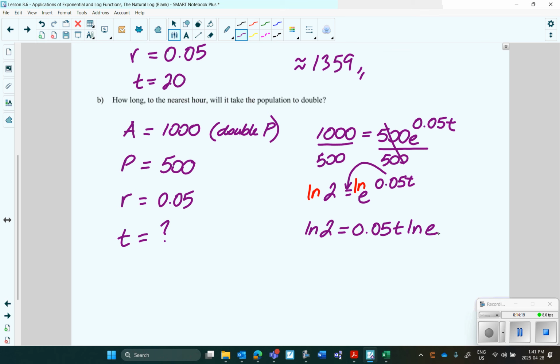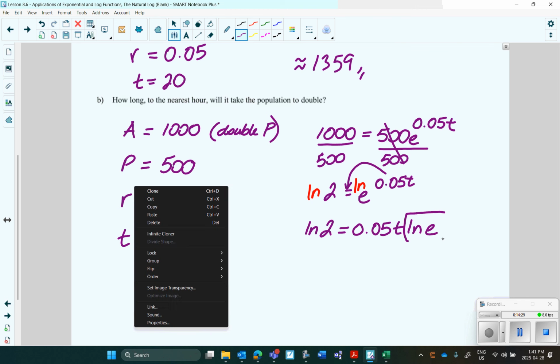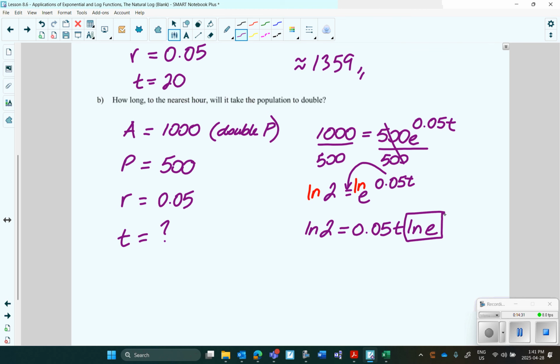So be careful how you read this. 0.05 times t times ln e. Well, actually, this is really easy. Because isn't ln the same as log base e? So log base e of e is e to the what is e?